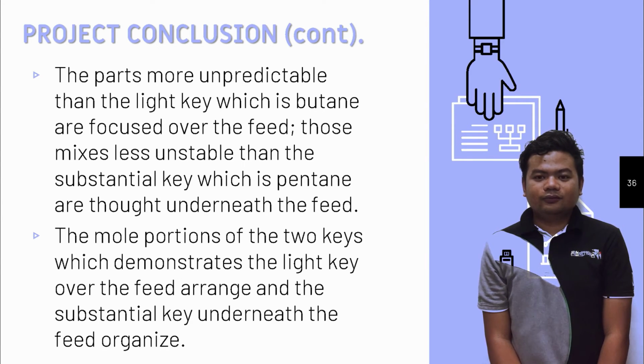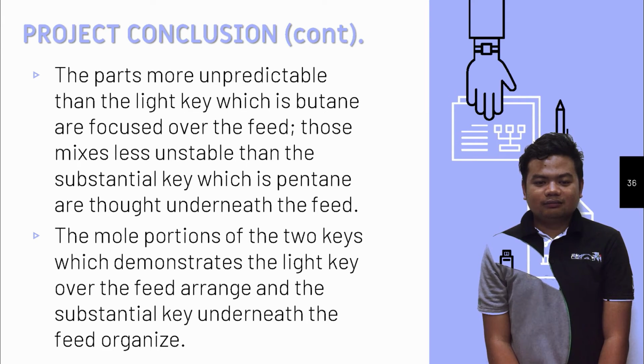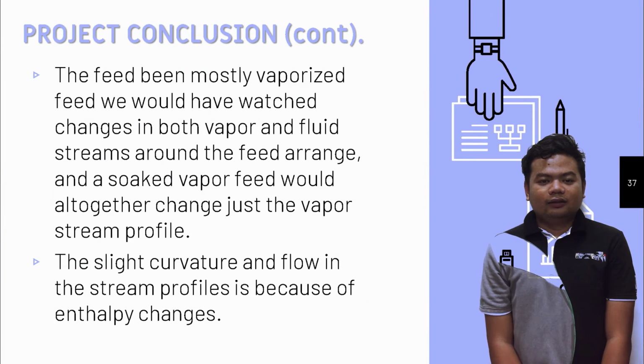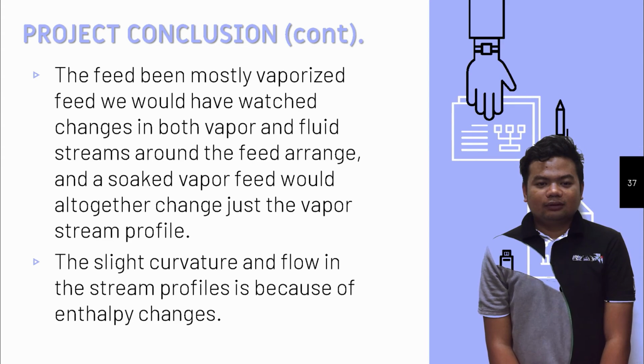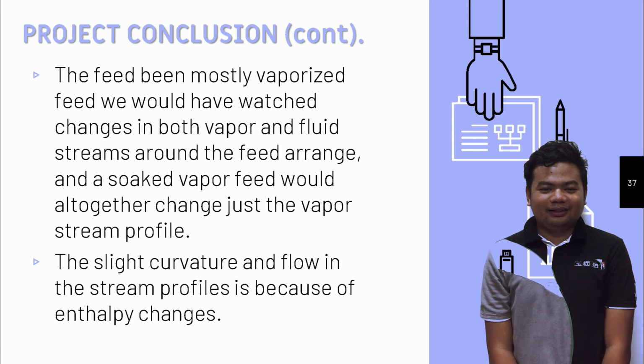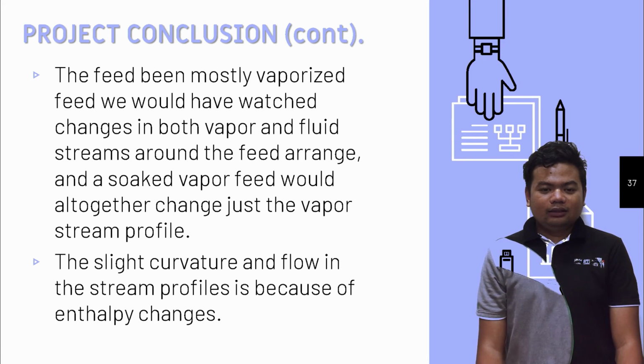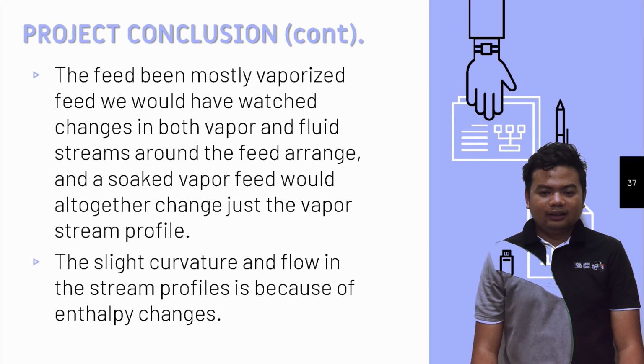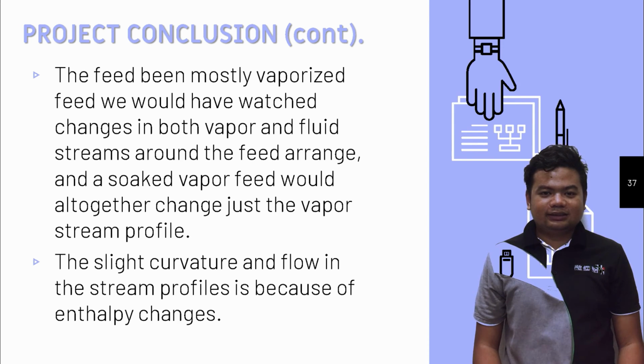The greater the separation of the two keys, the light key is shown above the feed stage and the heavy key below the feed stage. With the feed being mostly vaporized, we would observe changes in both vapor and liquid flow streams around the feed stage, and so a vapor feed would change only the vapor stream profile. The slight curvature in the flow in the stream profile is because of the enthalpy changes.